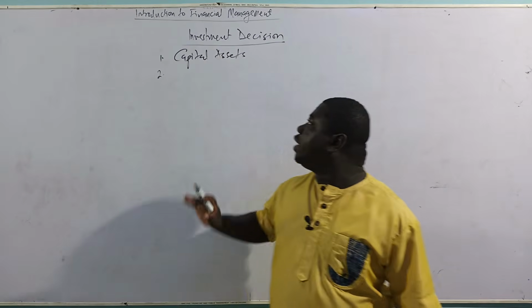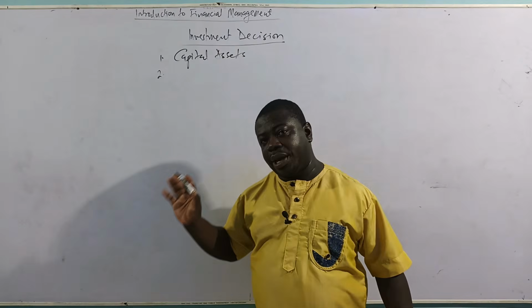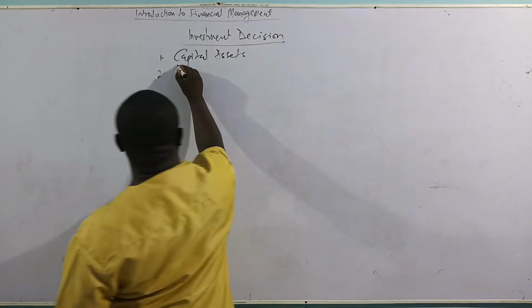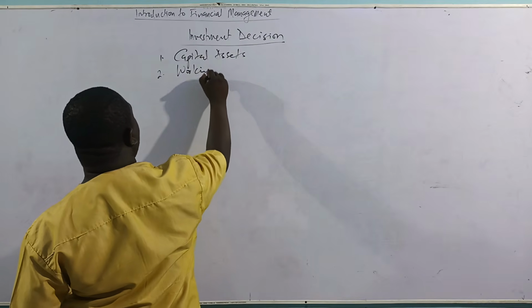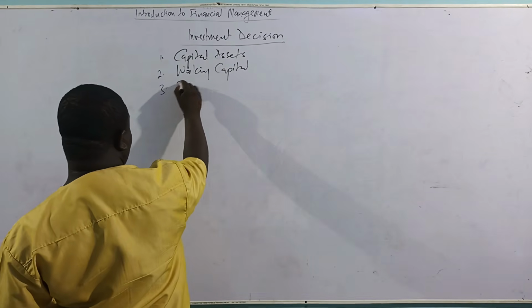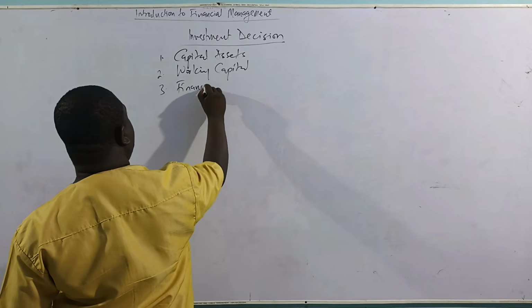So these are three options. You can invest in capital assets, or you can invest in working capital, which is always essential, or you can invest in financial assets.